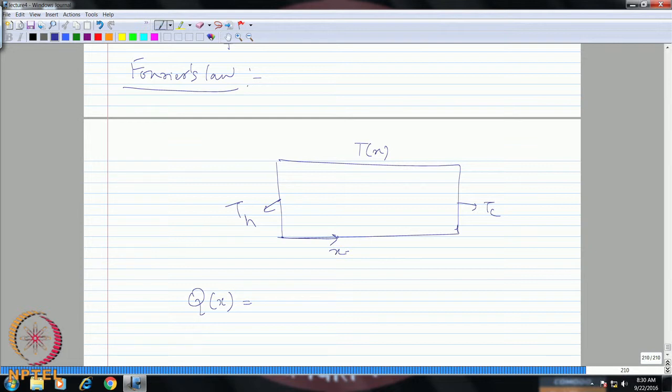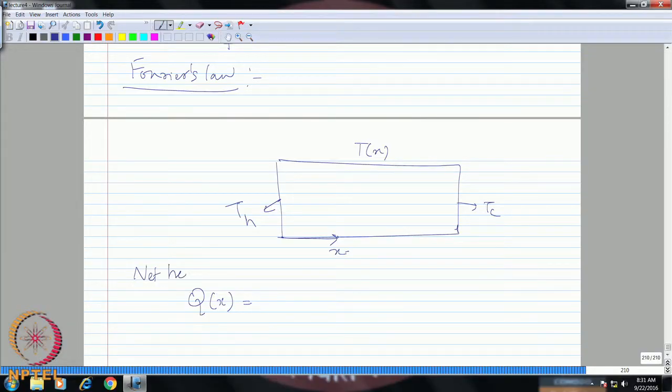So, earlier from the kinetic theory, if you remember, we also calculated heat flux, right. In that case we looked at an interface, we looked at what is the flux going in one direction minus the flux in the opposite direction. So, the net flux was the net heat flux going in the positive x.